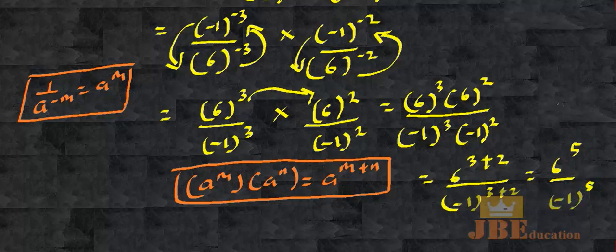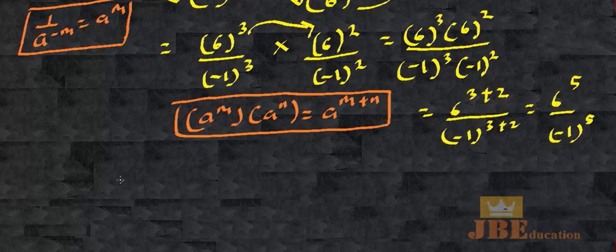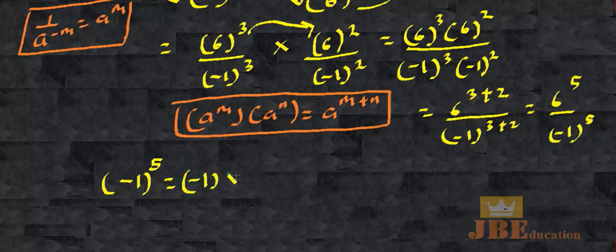Of course, we all know when a negative quantity is raised to the power of an odd number, the outcome will always be negative. Just for your clarity, I'm showing you what happens when negative 1 is multiplied 5 times, because as I mentioned to you in the previous class, the exponent concept is actually a short way to represent multiplication. So that's the reason I'm multiplying negative 1 5 times.